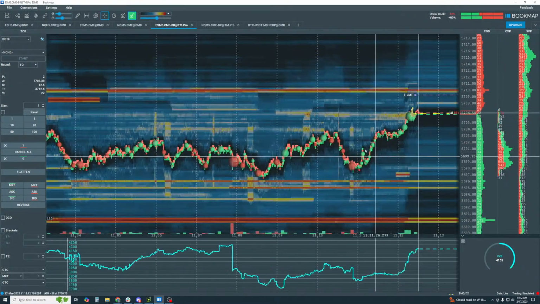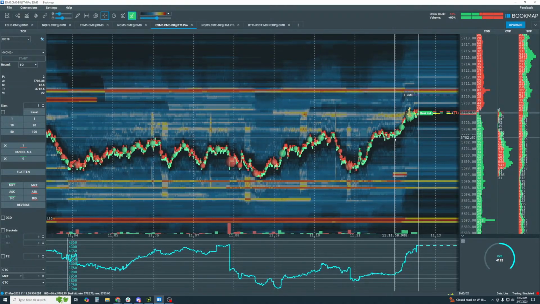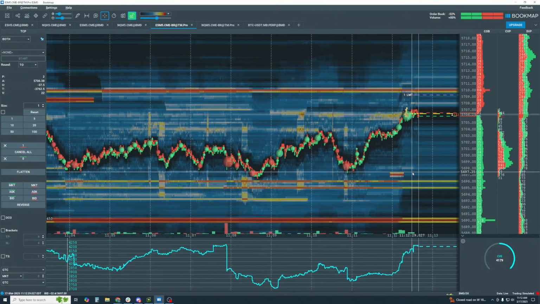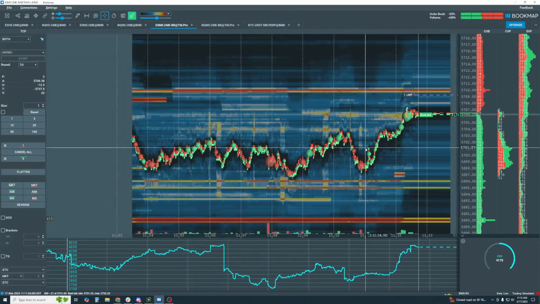Okay, this is a small little flag in here. Up, consolidation, and then move up again. And looking for a measured move up into about this 10 level here.